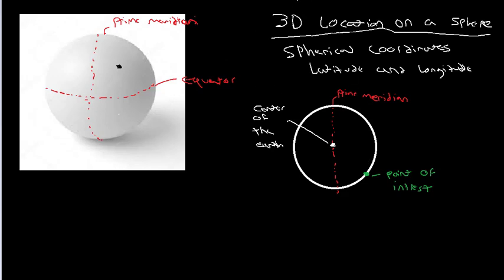Well, the way that we do that, we actually need one other point here, and that is the point where the prime meridian intersects the circle here.